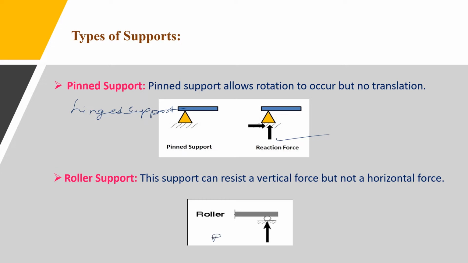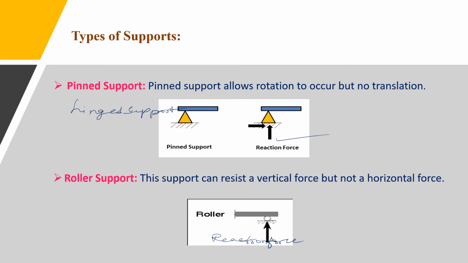This is the reaction force diagram if the roller is provided horizontally. So the roller support has only one reaction. This reaction acts perpendicular to the surface and away from it. In this figure you can see that.